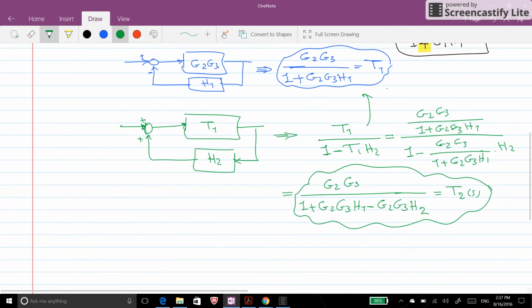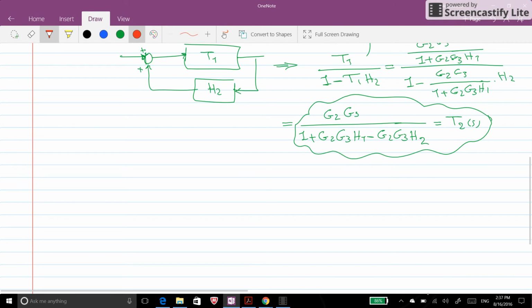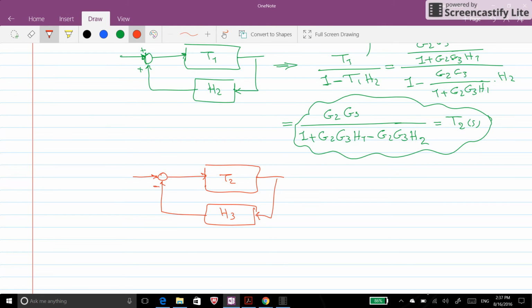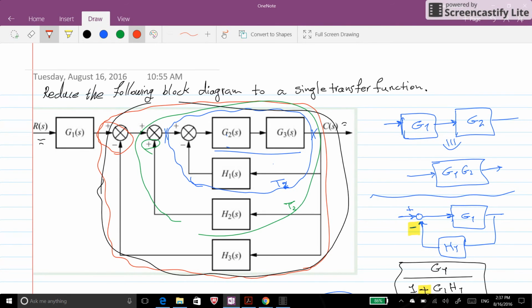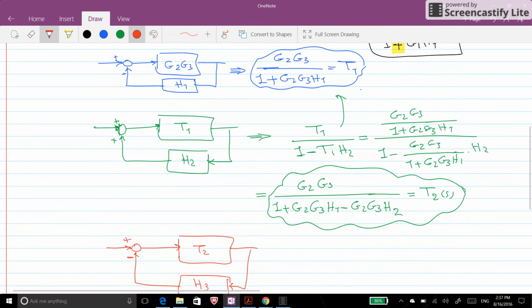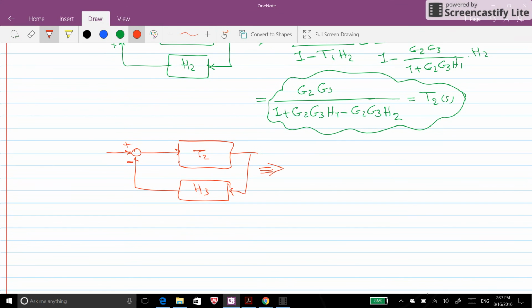So if we move on, we will have this configuration: T2 and H3, and the sign of the feedback is minus. So we have a negative feedback here, and the result of simplification here will be T2 divided by 1 plus T2 H3.